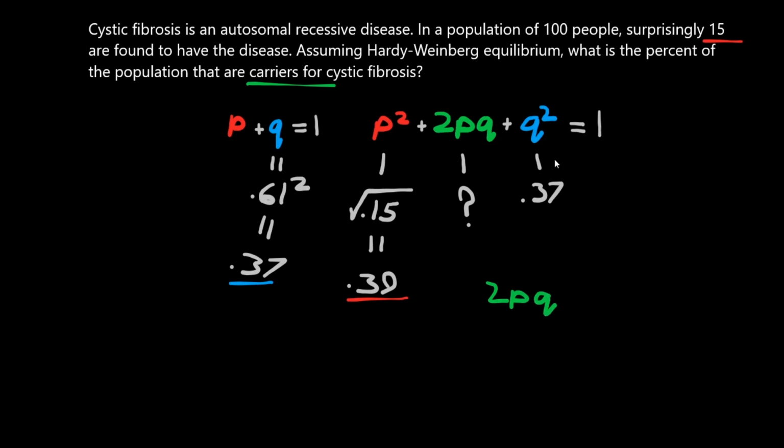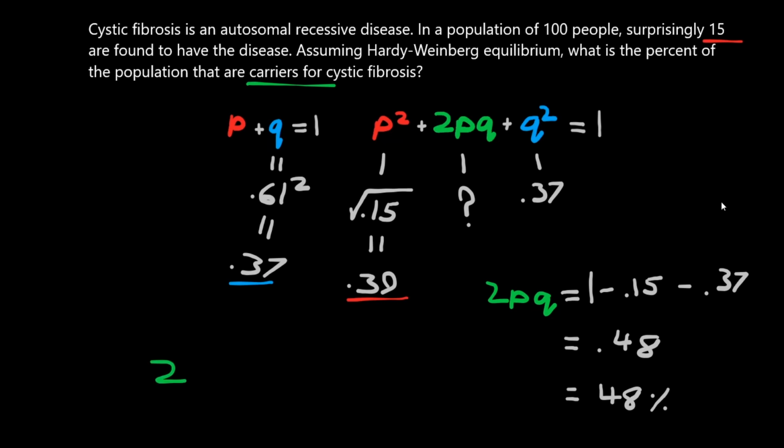So to find 2pq, we just use this formula here, which is 1 minus p squared, which is 0.15, and minus q squared, which is 0.37. And we get a final answer of 0.48 or 48%.